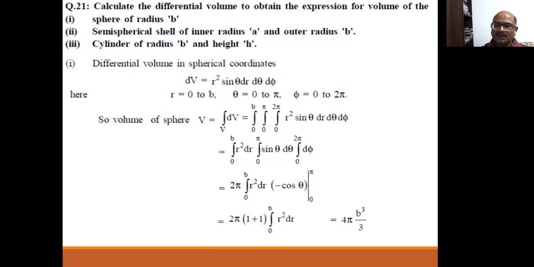So the answer will be 4 by 3 pi b cubed. This is the first part, where we have found the volume of a sphere of radius b with the concept of our spherical coordinate system and triple integration, so that you can concentrate and practice more.